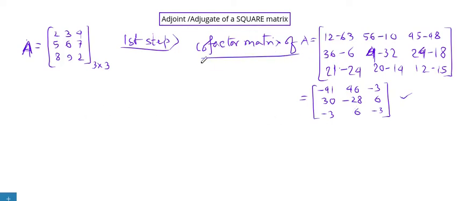Now we have to find the adjoint or adjugate. In brief, it is written as adj A. Adj means adjugate or adjoint of A. So this would be equal to the transpose of the cofactor matrix.